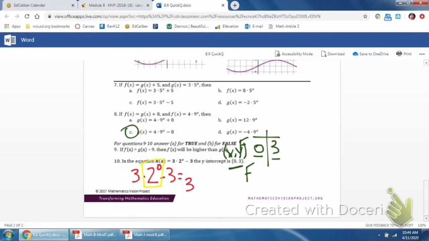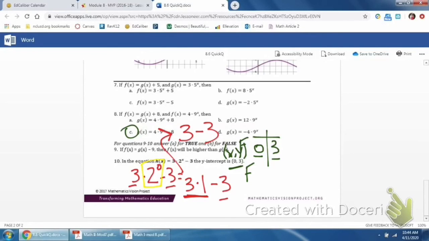So it's going to be 3 times, now remember, anything to the 0 power is 1. Notice I copied and pasted the 3 and then the minus 3. So now we did the exponents. Now we go to the M in PEMDAS, multiply. So here we have 3 times 1 at the beginning. That's going to come out to 3, and then we copy and paste the other 3, the minus 3.